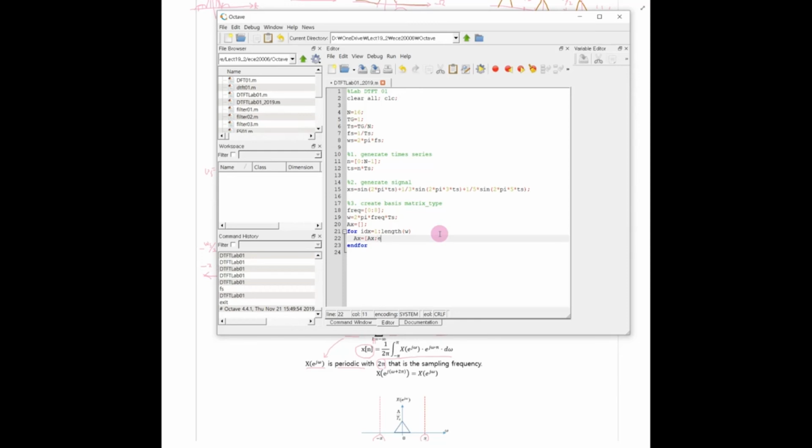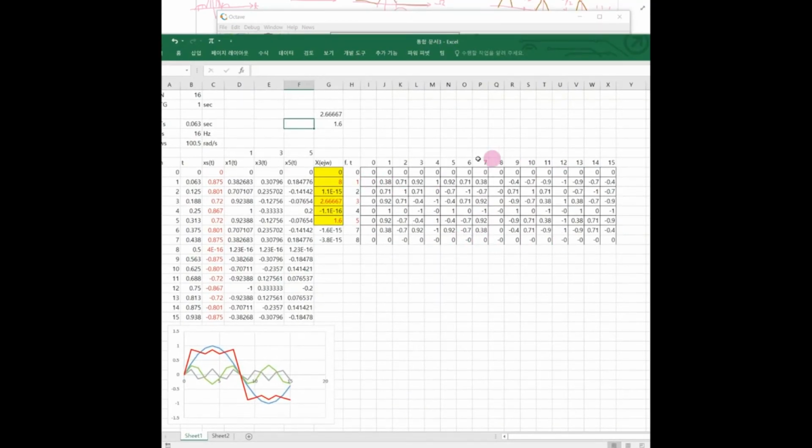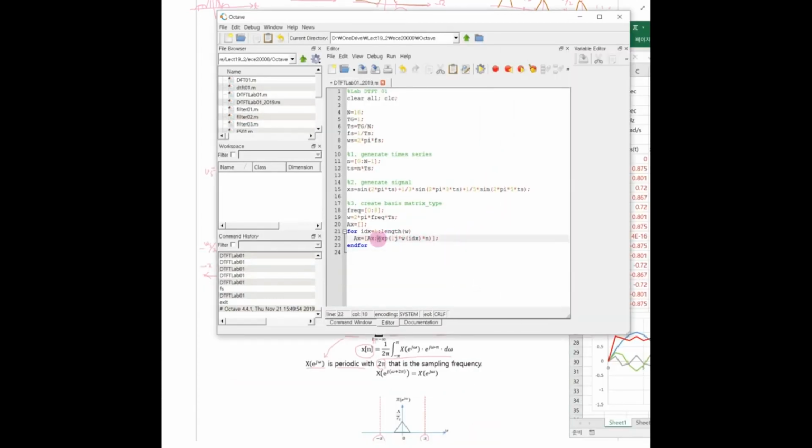Each row will be given as exponential of 1j times omega times n. So this gives the basis matrix, that's this part. Here we only considered the sine terms, but here I consider the exponential j omega n. So this contains cosine plus j sine omega.